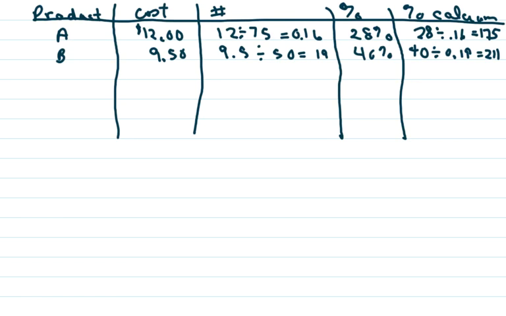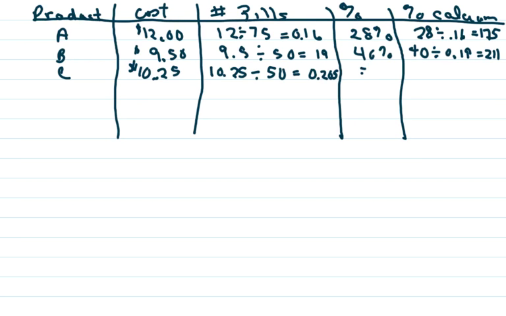Alright, the next one we have to do is C, where the cost was $10.25 per bottle. The cost per pill is 10.25 divided by 50, which equals 0.205.